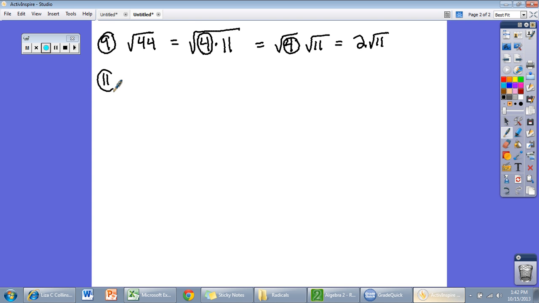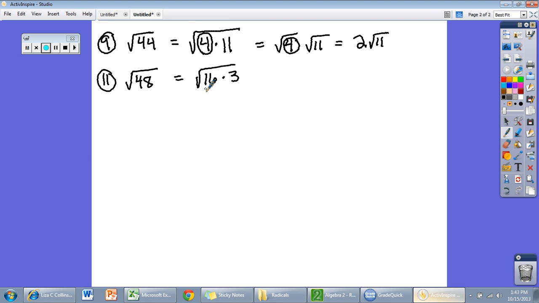Alright, in problem number 11, we have the square root of 48. 4 also goes into 48, but you always want to pick the largest square that goes into this number. So always start with something close to half of what the number is, and then kind of work your way down with perfect squares. So 48 is 16 times 3.